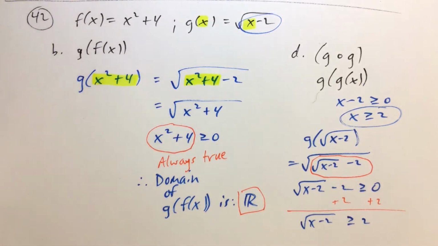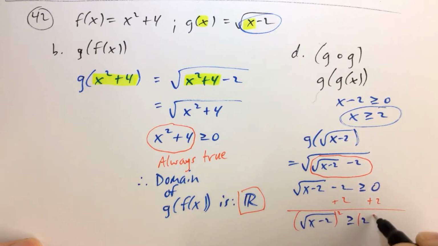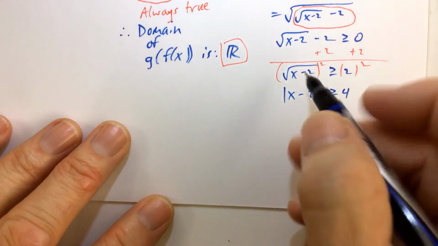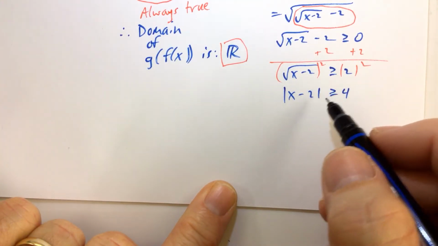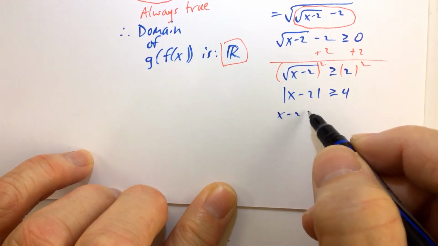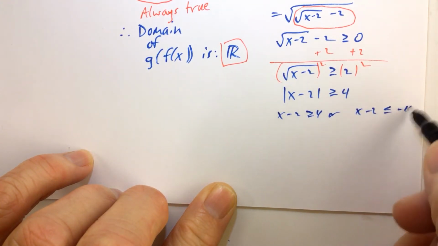Well, if we want to get x by itself, we're going to have to square both sides, and squaring both sides we get x minus 2 has to be greater than or equal to 4.